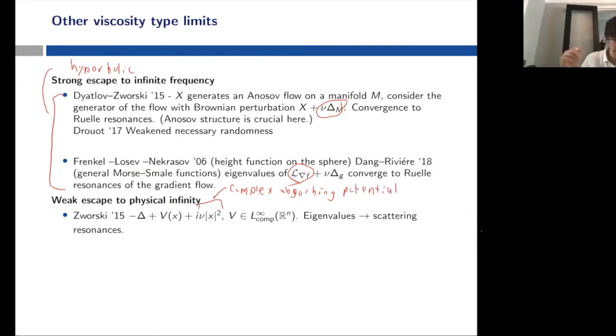And what Zworski shows is that the eigenvalues of this operator, right? Now this whole operator is elliptic in some global sense. It's not just elliptic at frequency infinity, but it's elliptic at physical infinity as well. And he shows that the eigenvalues of this operator converge to the resonances of the scattering problem.